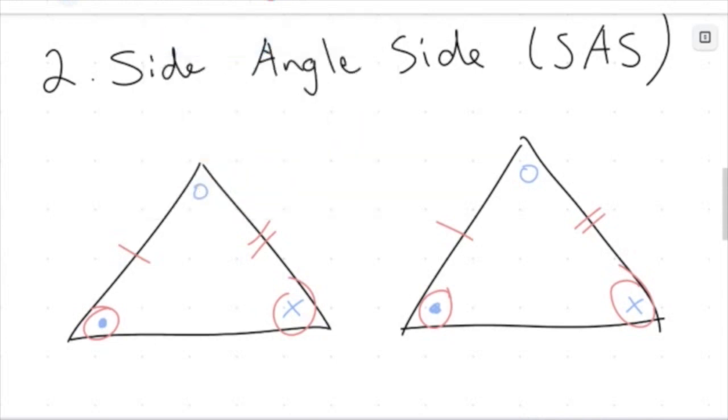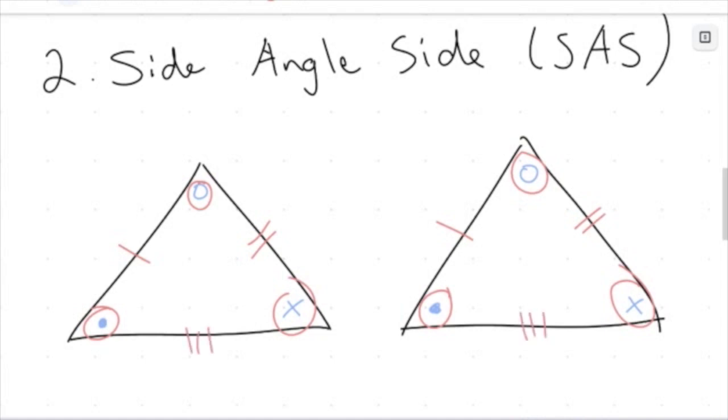So now we know that these angles are the same, and then we can conclude that this and this must be equal because the sides opposing equal angles are equal as well. So we can say this is the same as that.